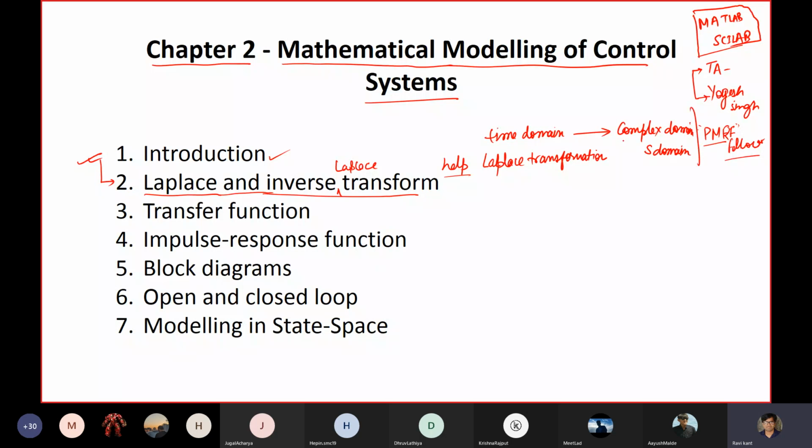The reason to do this transformation is that in the complex domain we can do certain algebra more easily than in the time domain. Once we are done with our algebraic manipulations, we can switch back to the time domain by means of the inverse Laplace transform.